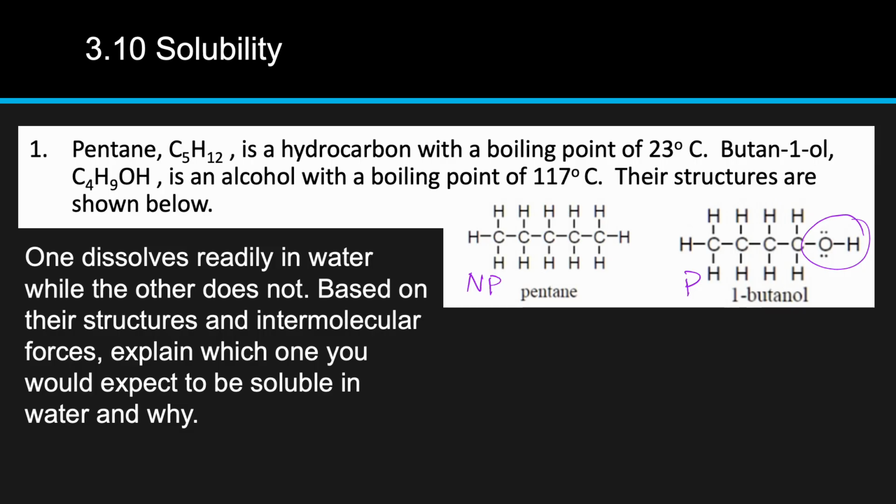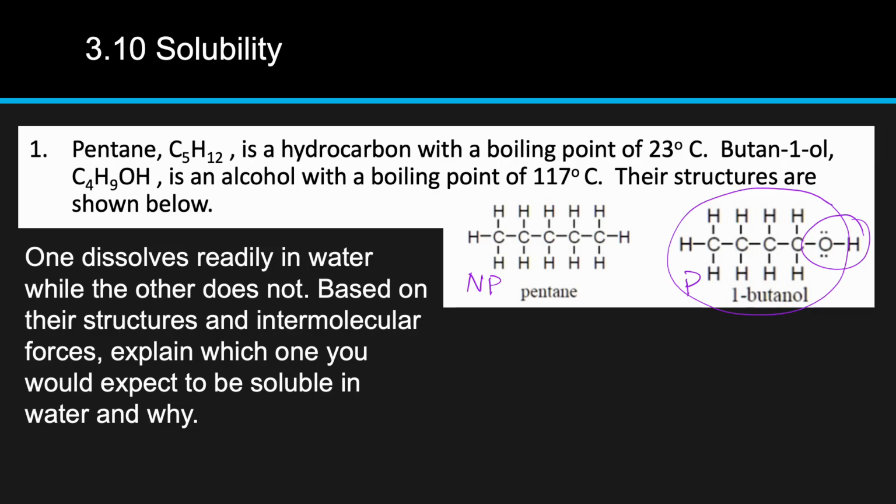So remember the phrase that we've been using this entire video, which is like dissolves like. And because water is a polar molecule that partakes in hydrogen bonding, butanol is going to be much more soluble than pentane would be because they have the same intermolecular forces, which means they will attract to each other when they are put in the same environment.